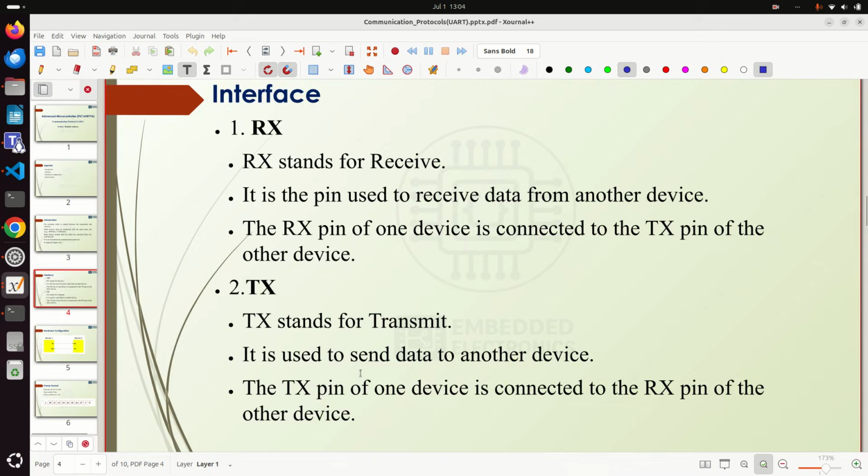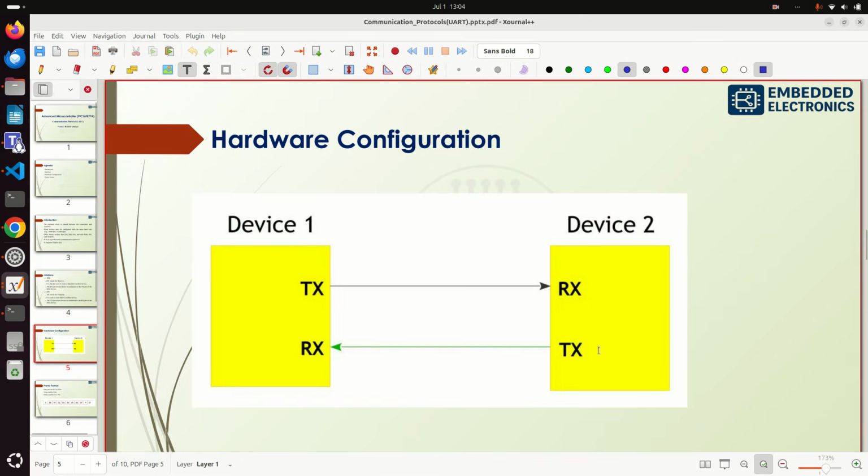And the transmitter is used to send the data to another device. Similarly, the transmitter pin of one device is connected to the receiver of the other device.